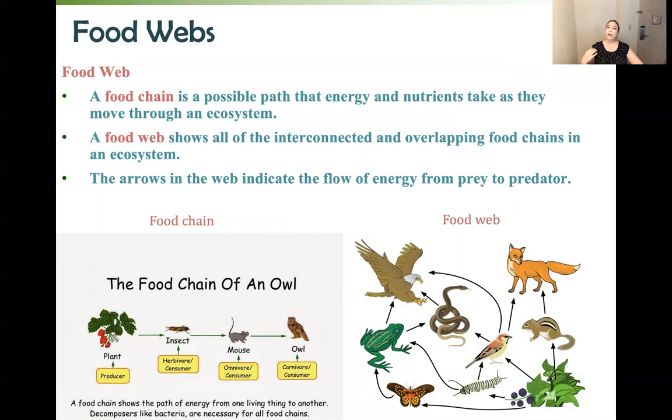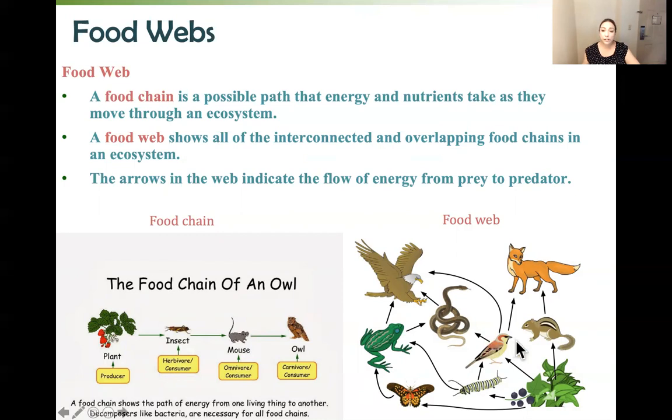You can have an ecosystem in a pine forest, an ecosystem in a coral reef. Okay, so ecosystem refers to all of the living organisms in a given area, plus factors like rainfall, temperature, humidity, right? All of these things are considered when we look at an ecosystem.